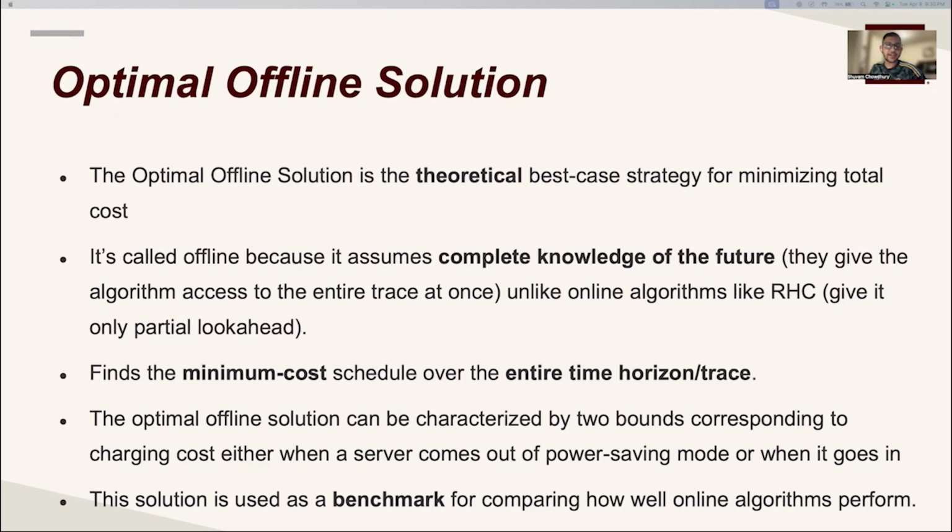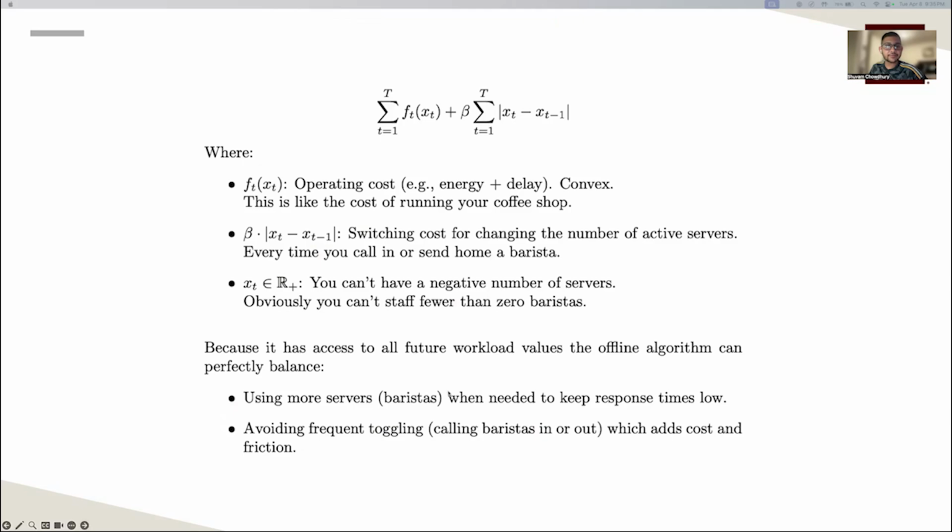Since it has the entire knowledge of the future, it minimizes the cost over the entire horizon or trace. And then basically, it builds the perfect solution backwards in time, starting at the end and working towards the beginning, and ensuring minimal toggling and minimal operating costs.